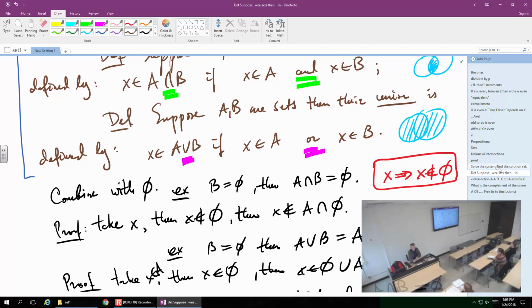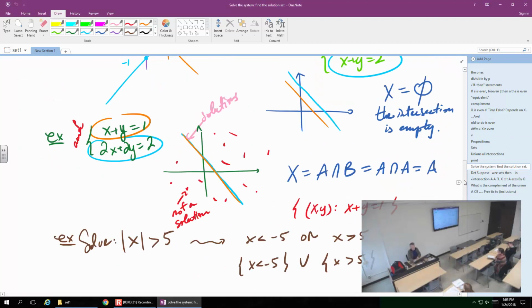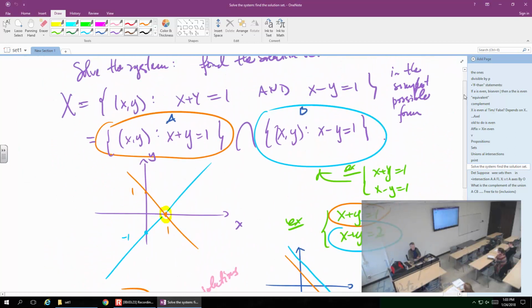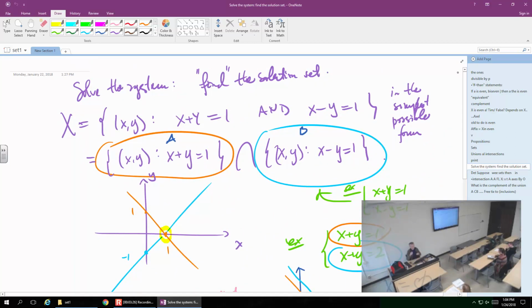Well, for example, if you're solving a system of equations, and then you conclude that the solution set is empty. Okay, so once again, the solution set is empty. What does it mean? It means there's nothing in the set. How do you translate it into a statement that does not involve sets?